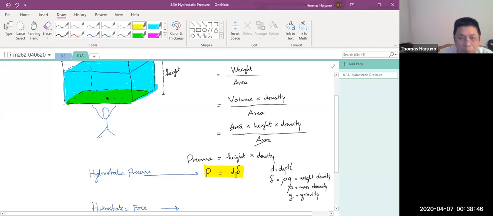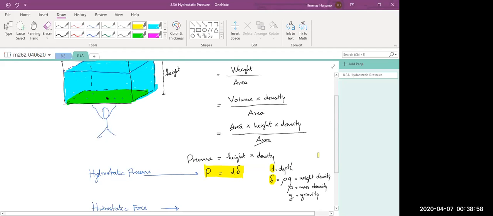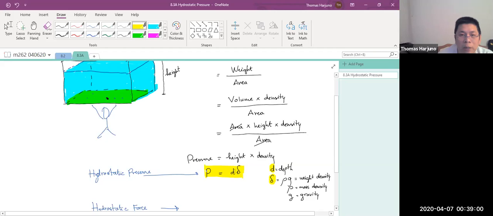It just depends on the density and how deep it is from the surface of the water. The hydrostatic pressure depends only on the density of the water and how deep the position we're dealing with is.